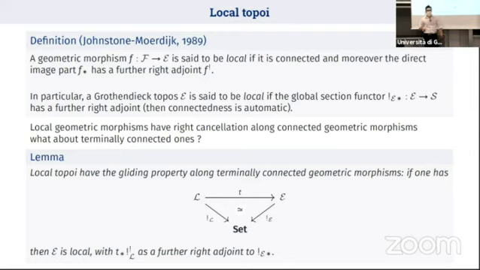So a geometric morphism is local if its direct image part has a further right adjoint, and a Grothendieck topos is local if its terminal map is a local geometric morphism. And it is known that local geometric morphisms have a right cancellation along connected geometric morphisms. And in fact, this slightly generalizes to the following property, which is that over Set, if you have a terminally connected geometric morphism from a local topos, then the codomain topos also must be local.